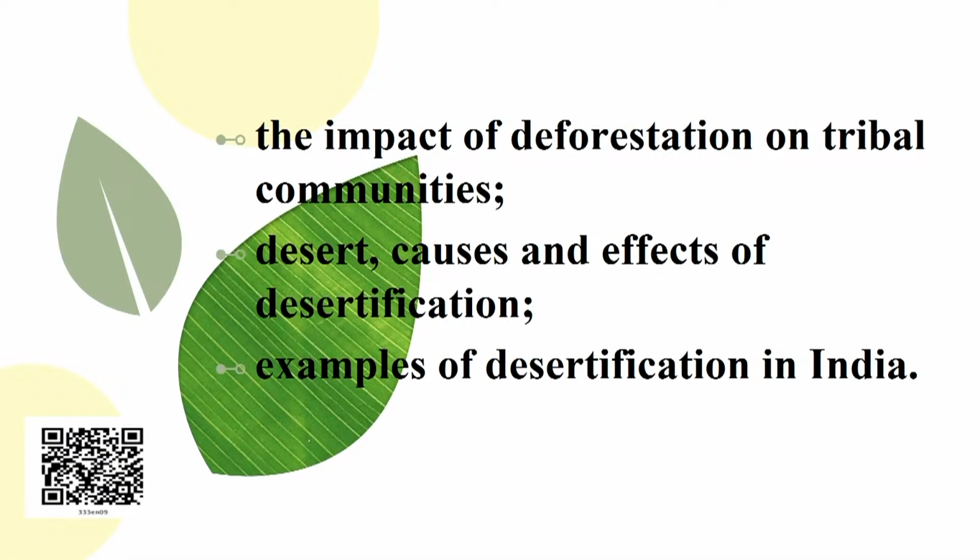We also discuss the impact of deforestation on tribal communities. We will also discuss what is desert, causes and effects of desertification, and an example of desertification in India too.